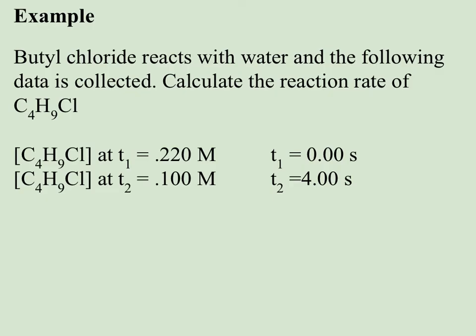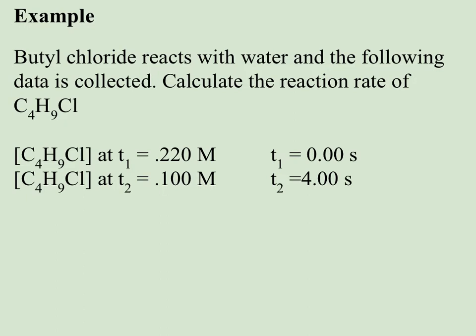So for my example, I've only told you that butyl chloride reacts with water and the following data is collected. I don't have the balanced equation or even the products, but I don't need it because I'm only being asked to calculate the reaction rate based on the C4H9Cl. So remembering that rate is equal to my change in concentration, in this case C4H9Cl, over my change in time. I can take 0.220 minus 0.100.